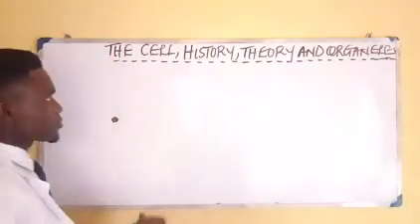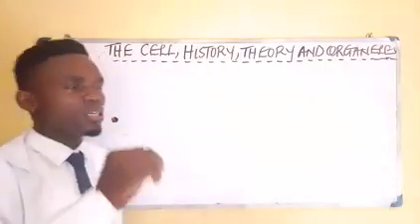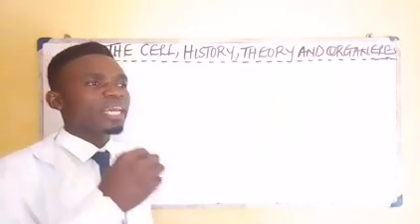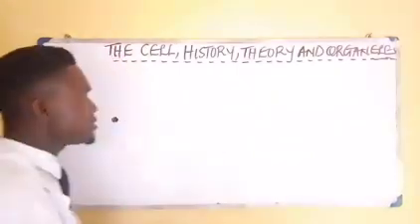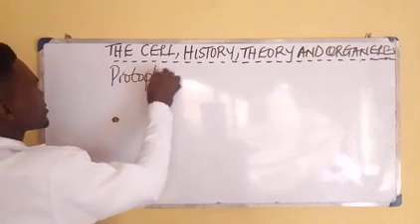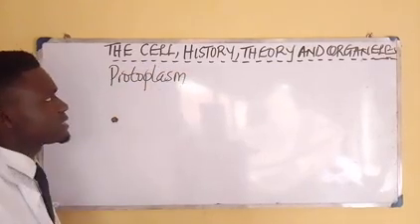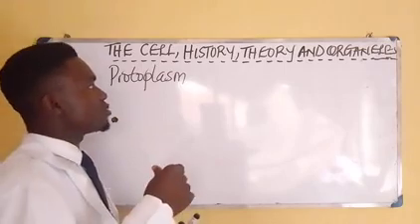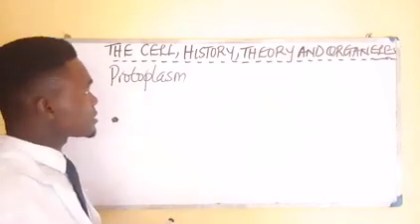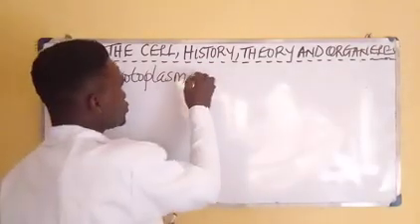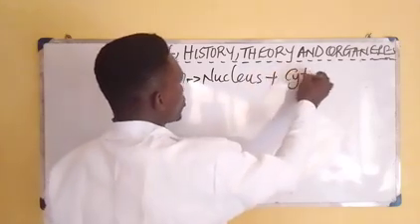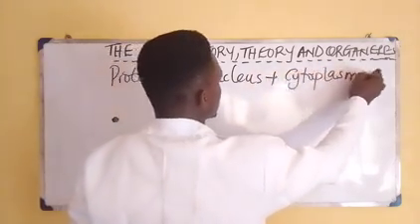What is a cell? A cell is the basic, fundamental, structural unit of the protoplasm, which is made up of nucleus and cytoplasmic materials.